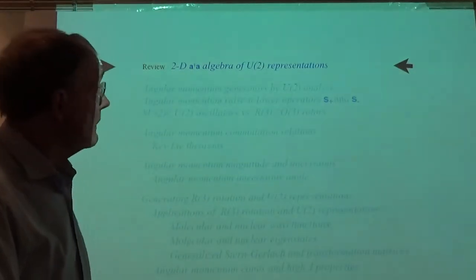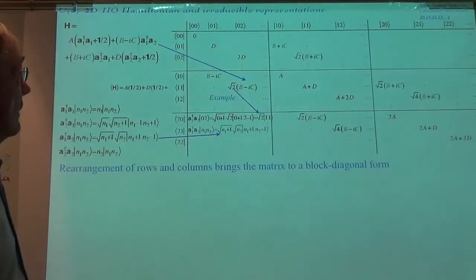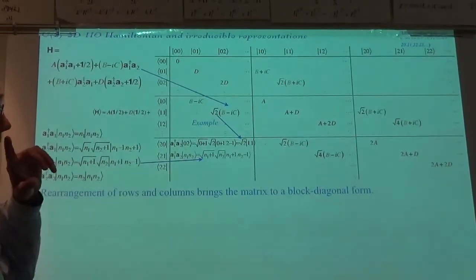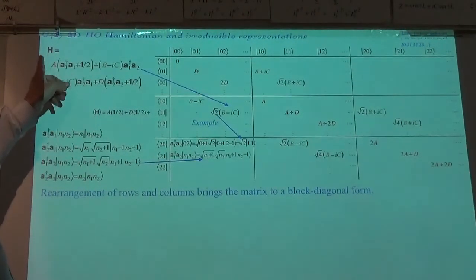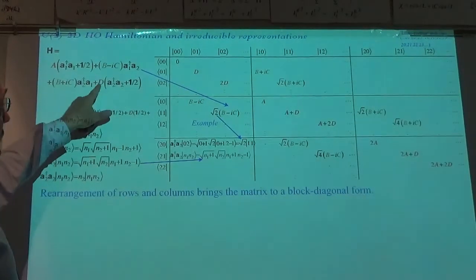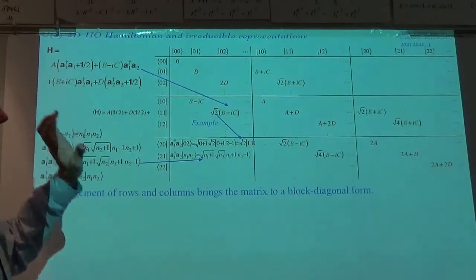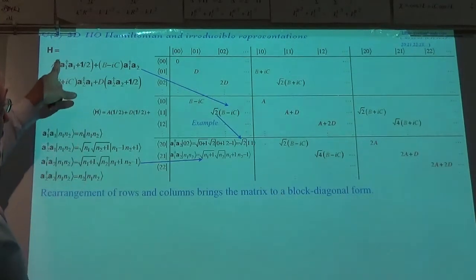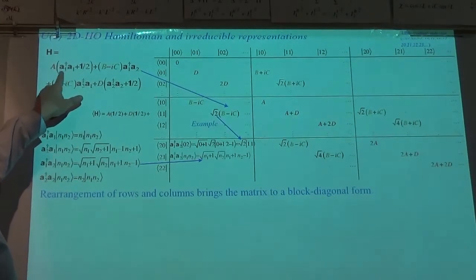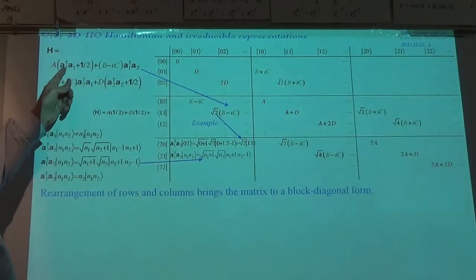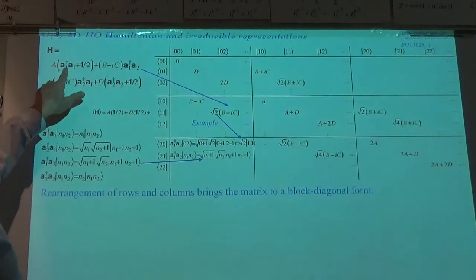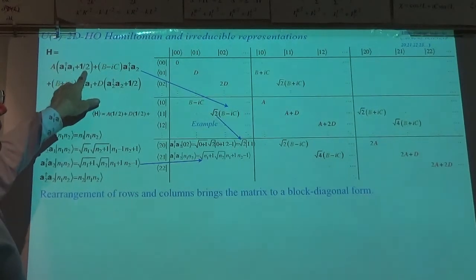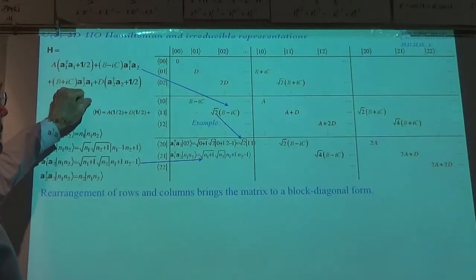Okay, so the review, if you recall what we were doing last time, was we were writing the A, B, C, D Hamiltonian of a 2-dimensional harmonic oscillator in terms of the number operator 1, 1, that's the 1, 1 component of the classical, semi-classical Hamiltonian. Then there's a zero-point energy associated with it.